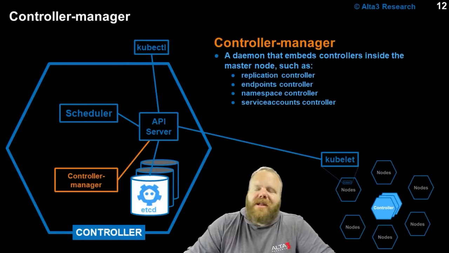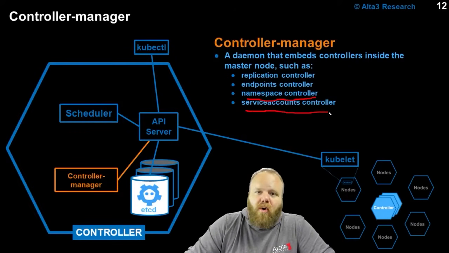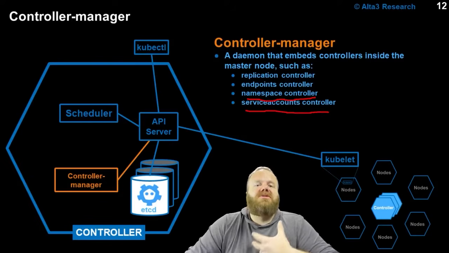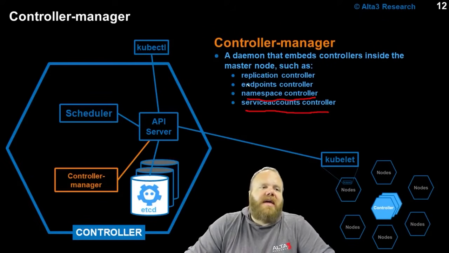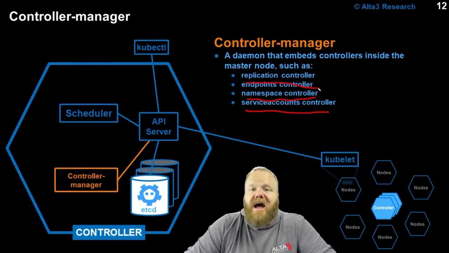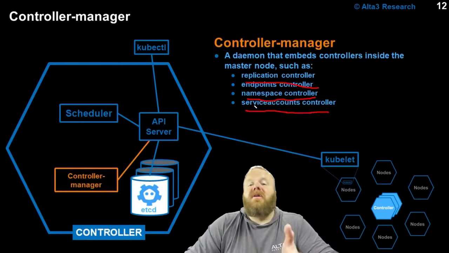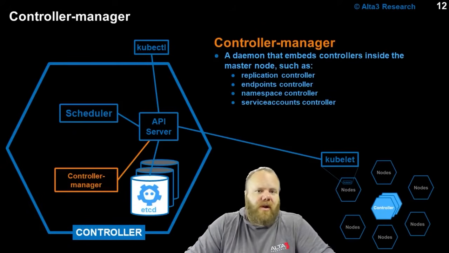Now, if you're brand new to Kubernetes, these may not mean a whole lot to you right now, but for instance, objects in Kubernetes are tracked via namespaces, that they can be controlled through role-based access control, which are connected to service accounts, that you'll be creating copies of pods called replicas. That's something that needs to be tracked as well. And the controller manager is what's in charge of all of that.